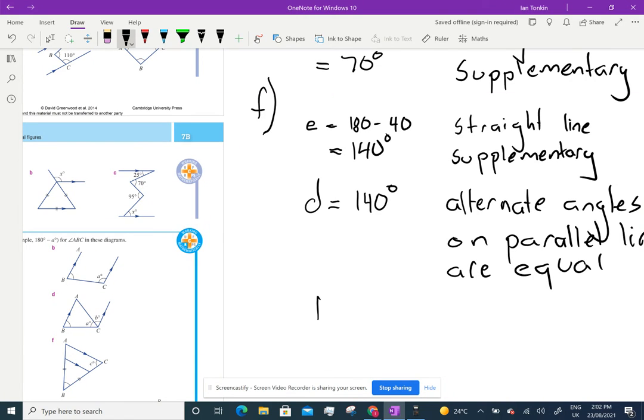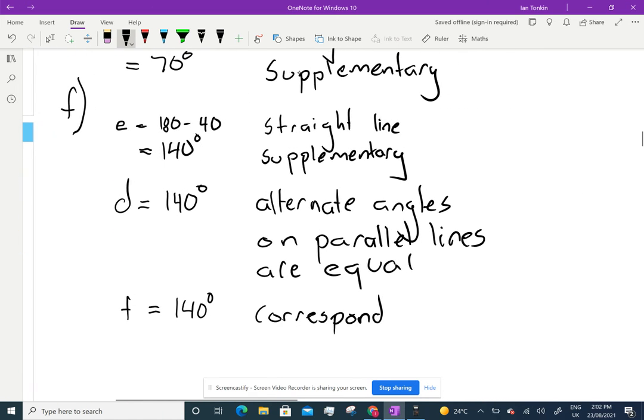So F, I'm going to go corresponding equals 140, because I want to get used to writing the three different rules that we should know.